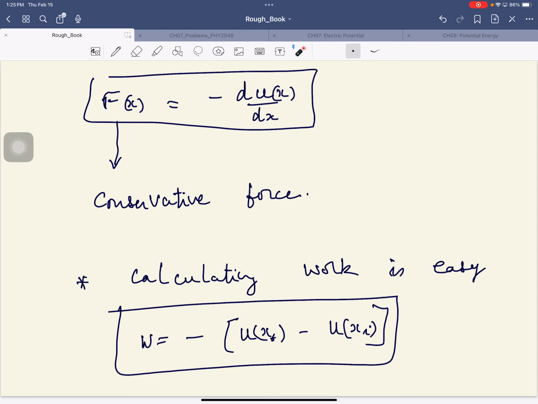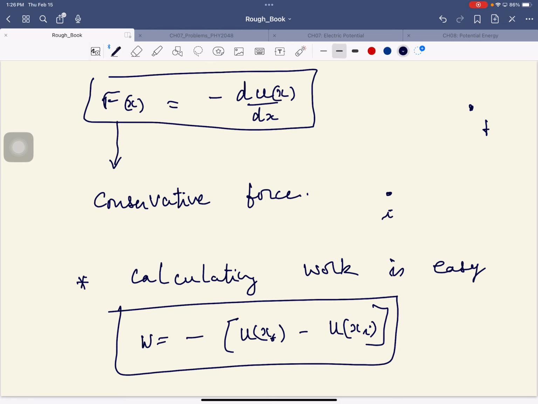And what does that do for us? Calculating work is very easy. And notice something about this. When the object goes from this initial point to that final point, the work done is the potential energy at the final point minus the potential energy at the initial point.